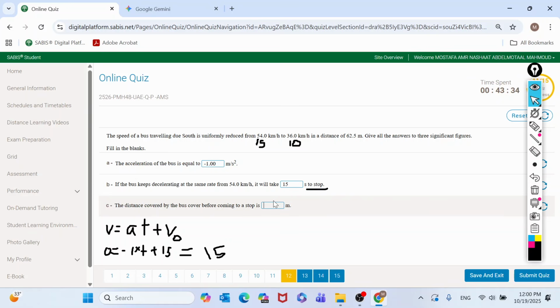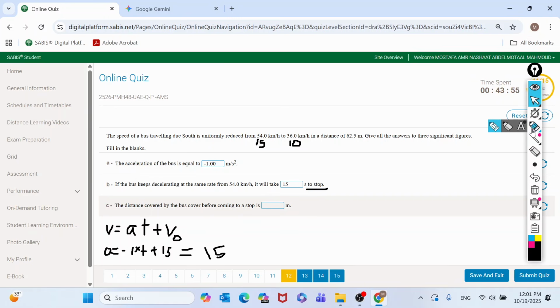The distance covered by the bus before coming to a stop. But I need to fix the code. This is covered by the bus before coming to a stop.